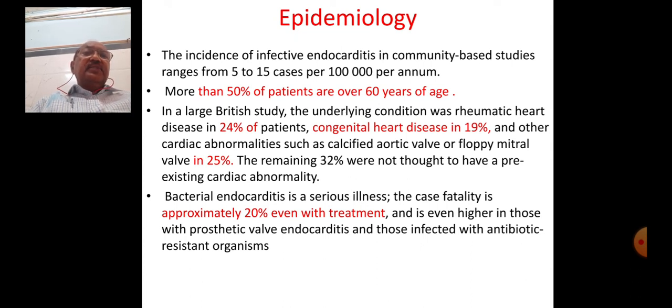In a large British study, the underlying condition was rheumatic heart disease in just 24% of patients, congenital heart disease in 19%, and other cardiac anomalies such as calcified aortic valve or mitral valve prolapse in 25%. The remaining 32% were not thought to have a pre-existing cardiac abnormality.